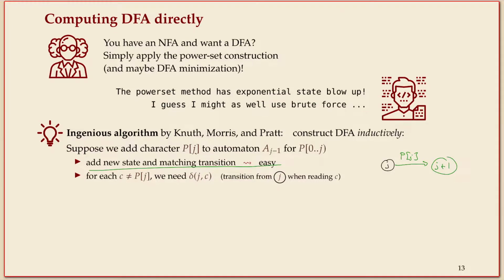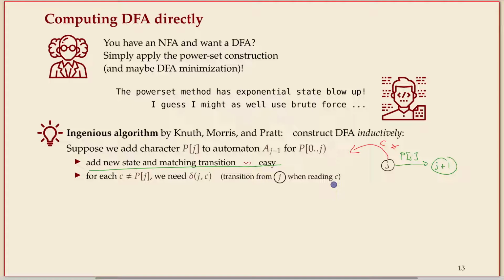So we now need somehow these links that go back. If I find a c that is not the same as the next character in the pattern. In language notation, people write this as this transition function. So delta of j and c means you're in the state j and you read a character c.